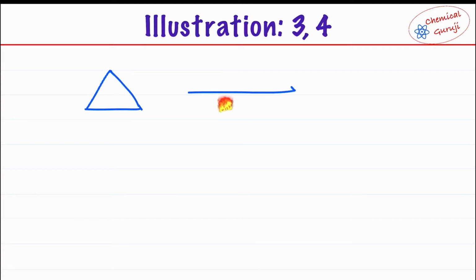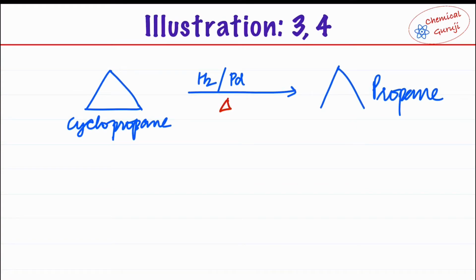Let's discuss the cycloalkanes. So this is cyclopropane, and cyclopropane is getting reduced in the presence of palladium or platinum or nickel, and it will give propane, a non-cyclic product. So this is non-cyclic and this is a cyclic alkane.